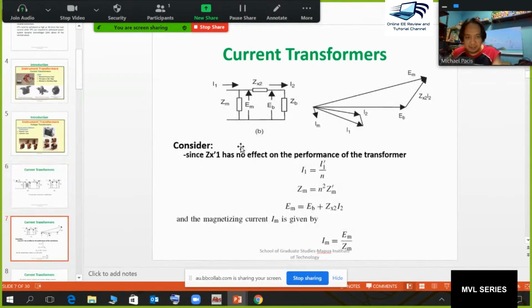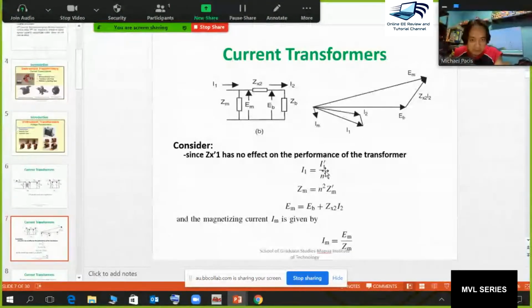The I prime here is the secondary, this is I1 prime. Then Zm prime here is converted to the secondary part of the transformer. Here we said you divide it by A, right? So to get I1 it turns to secondary. And this one, in terms of the secondary, is Zt over Zn, right? So we convert the primary to the secondary side.